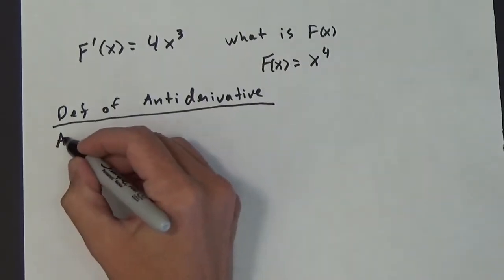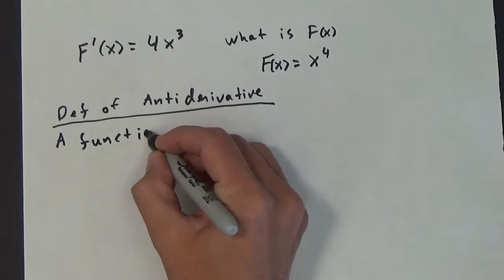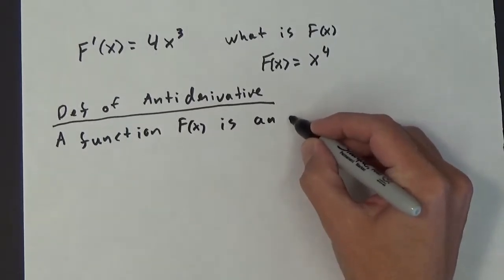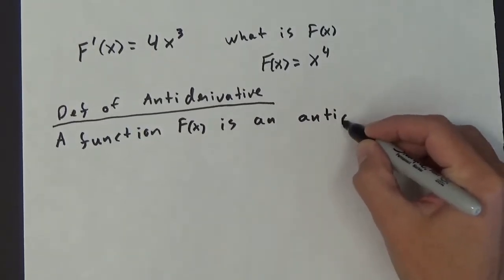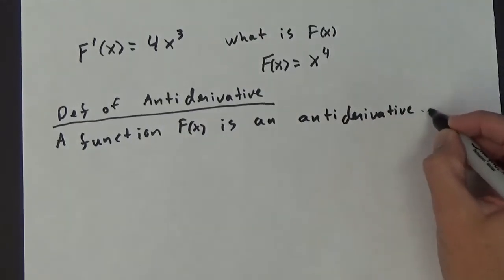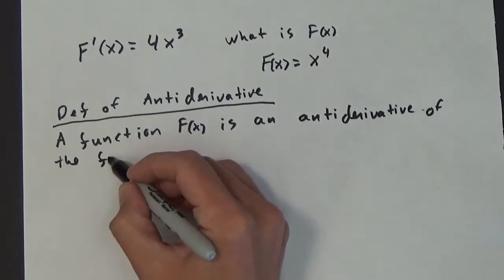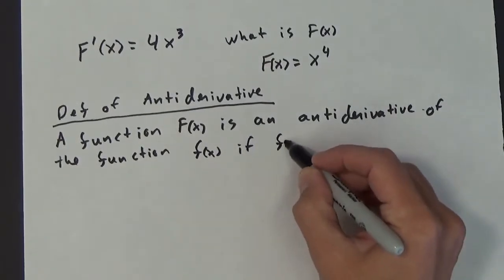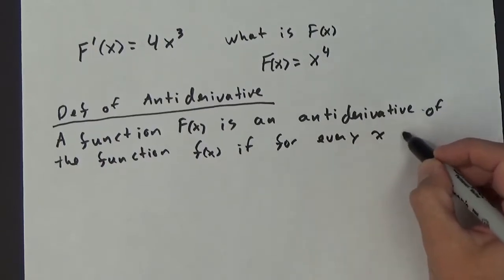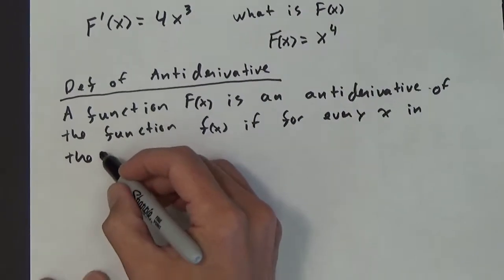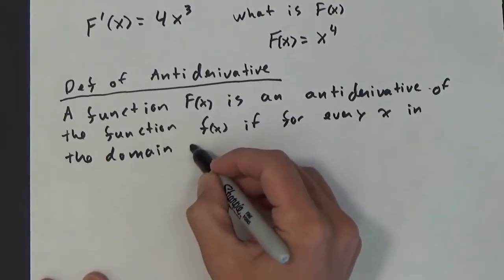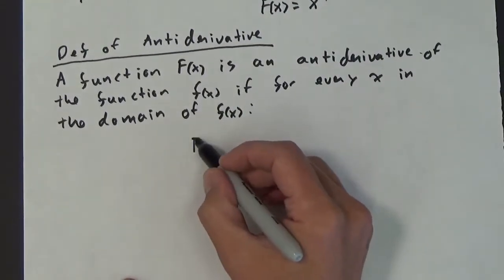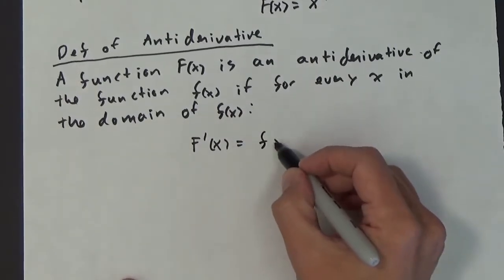A function capital F of x is an antiderivative of the function little f of x if for every x in the domain of f of x, the following is true: F prime of x equals little f of x.